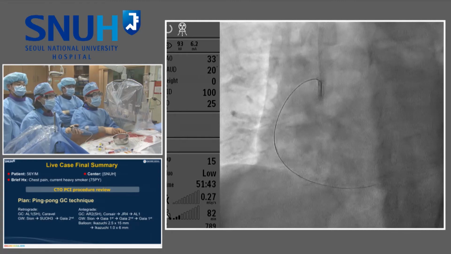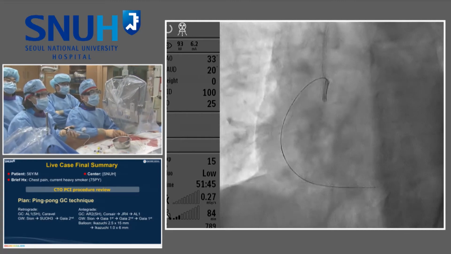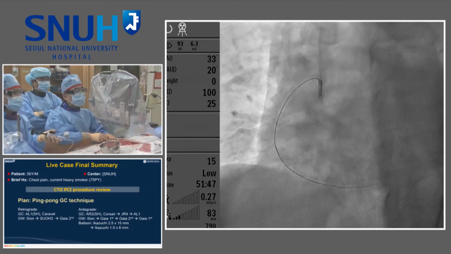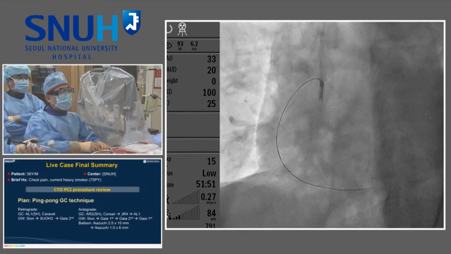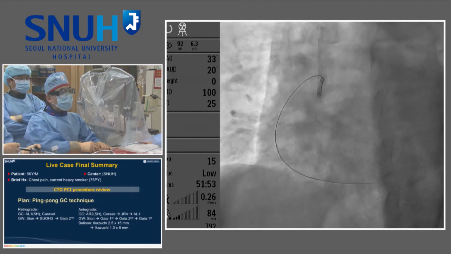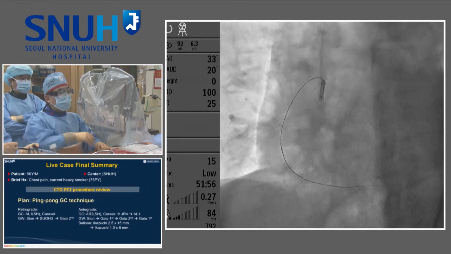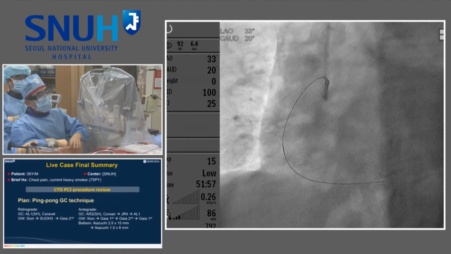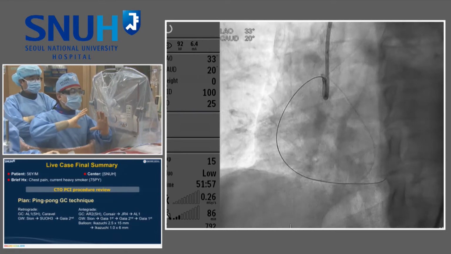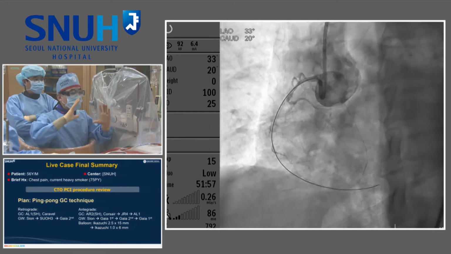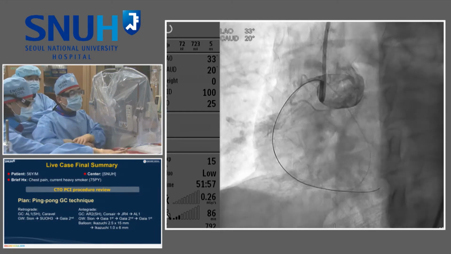Yeah, the most important step of such kind of intervention is externalization. When you externalize the RG3 wire all around the heart, you have to maintain attention that there is a strangulation of left coronary artery, septal collaterals, and right coronary artery.